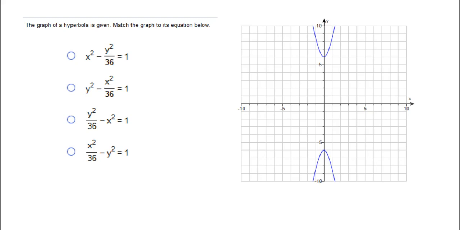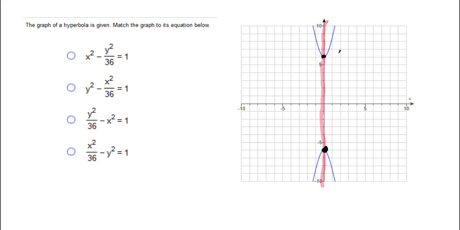With all that in mind, let's take a look at this example. We have the graph of the hyperbola, and we want to match it to one of these equations. So I can see that this is a vertical orientation of the hyperbola. We have a vertical transverse axis, and I can see where my vertices are.